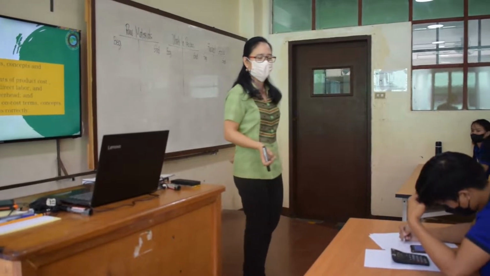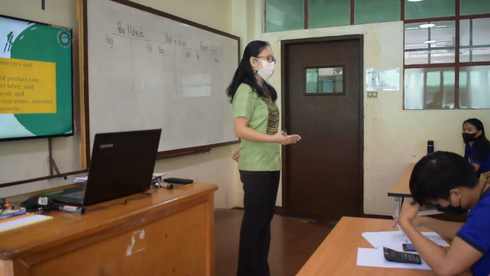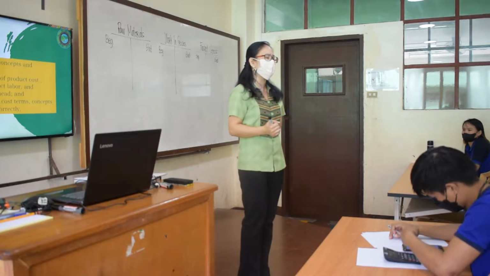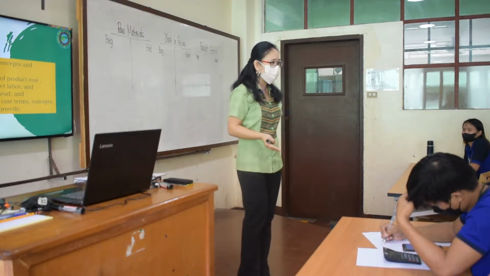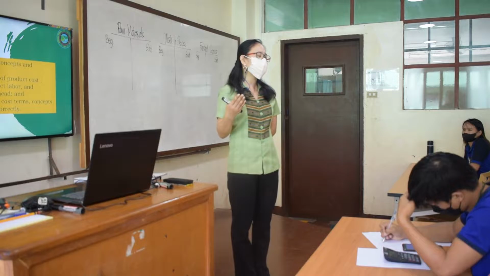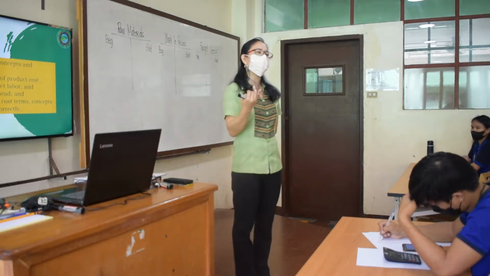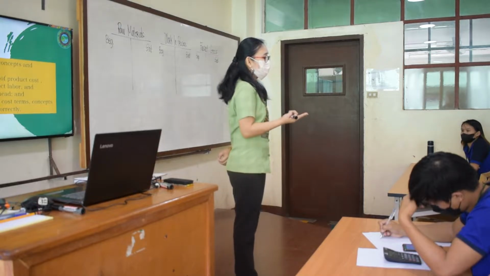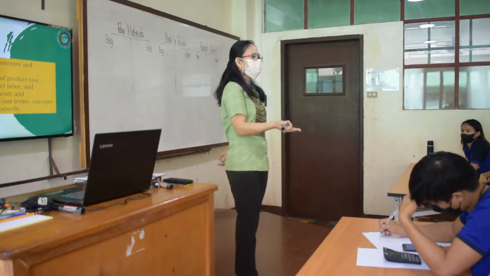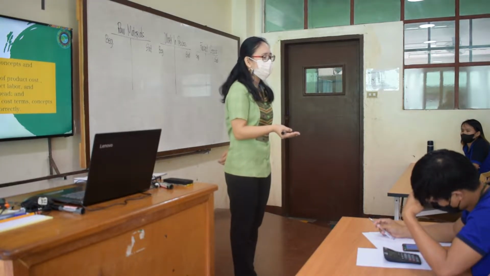Cost accounting is a system, as we mentioned last time. It is a system that deals with recording, same as financial accounting. It deals with summarizing as well, and it deals with interpreting. What are we to record? What are we to analyze? What are we to interpret? Definitely those things mentioned by Ms. Jen.